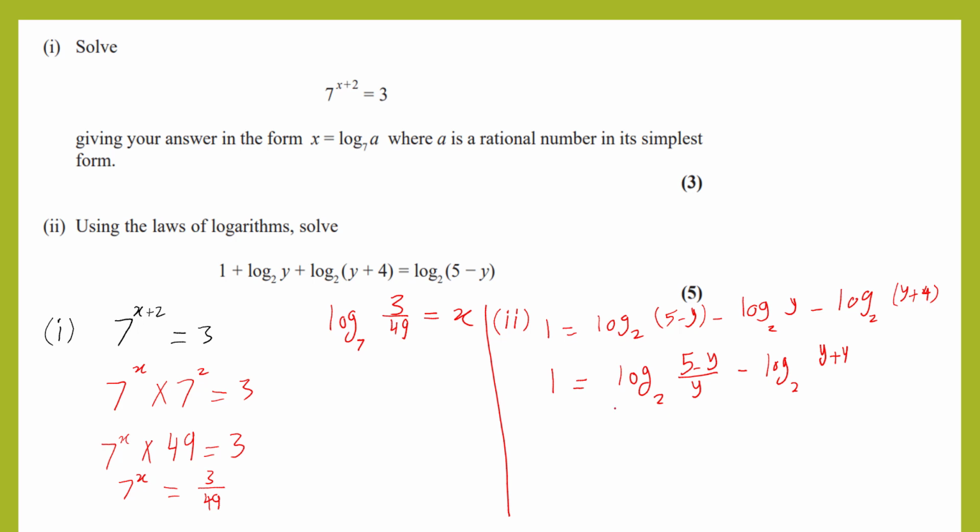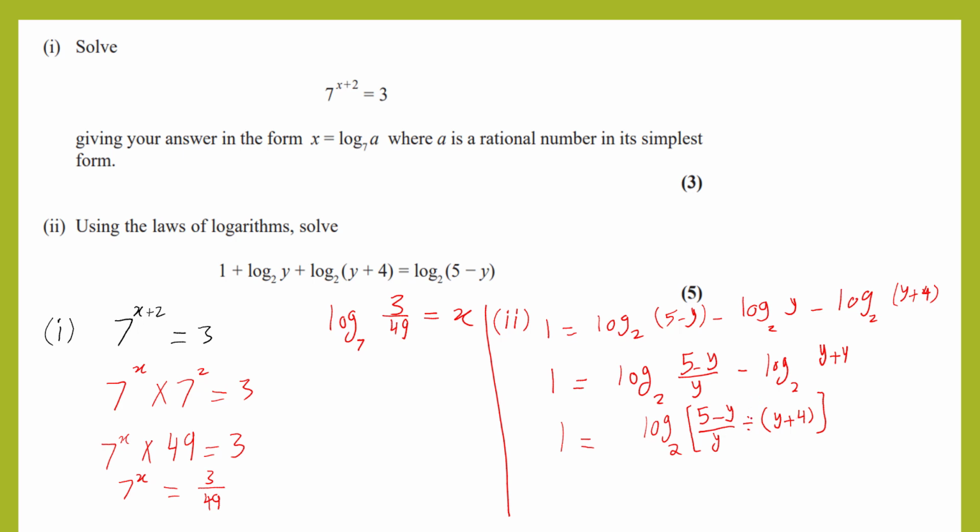So this can be kept as log of 5 minus y over y, divided by y plus 4, all to the base 2. So why did we do one more division? Because this and this together will be a division, and then this one is one more, so we will divide.